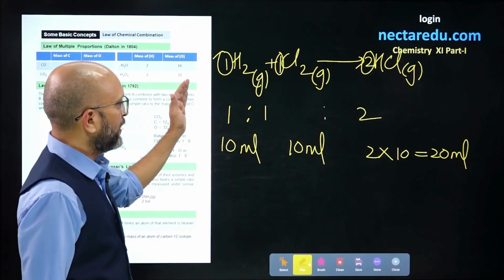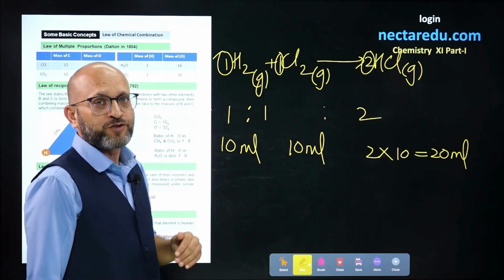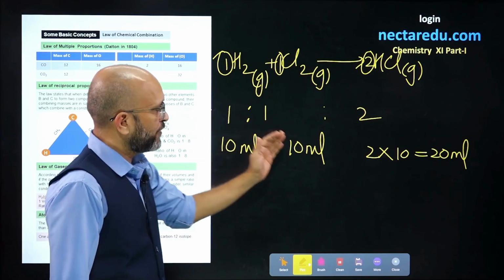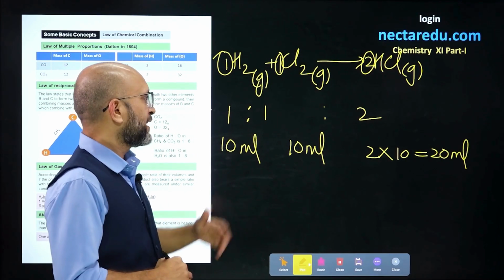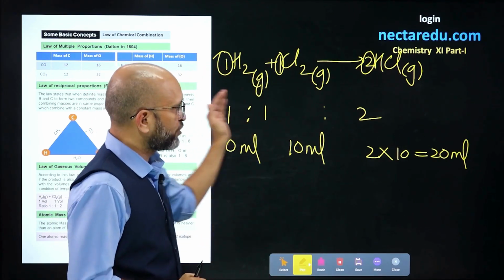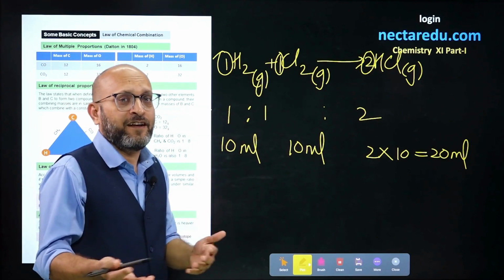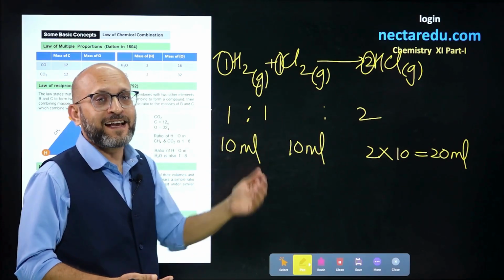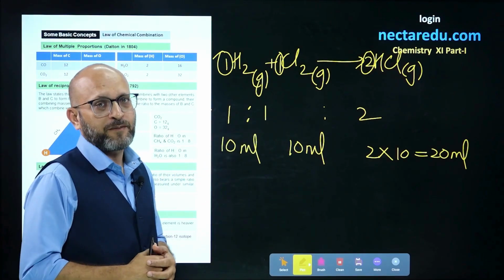So the ratio in moles was 1 is to 1 is to 2, and the volume ratio is also 1 is to 1 is to 2. I hope you understood everything over here. That is what the law of gaseous volume is all about. The mole ratio is the same as the volume ratio, or we can say the volume ratio of reacting gases and products will be the same as the mole ratio in a balanced reaction.